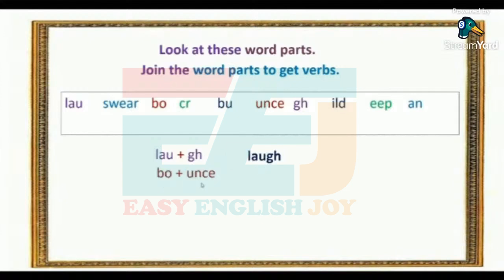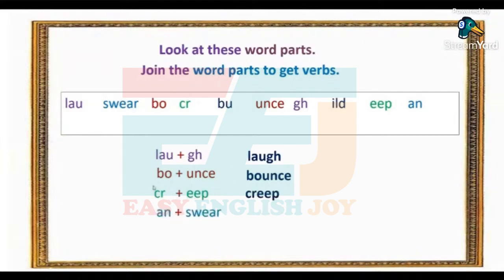The bou and the nce becomes bounce. And we have here the cr and eep becomes creep. And ans and wer becomes answer. And we have here the bu and ild becomes build. So laugh, bounce, creep, answer, build.